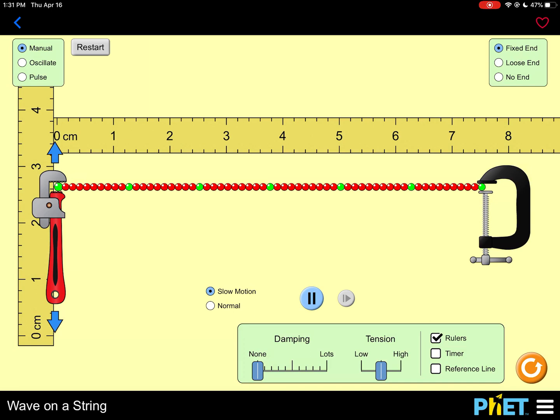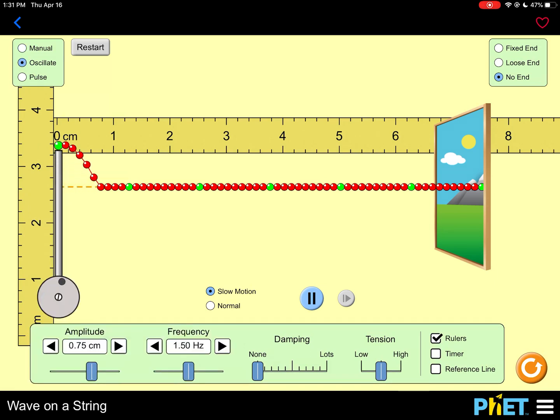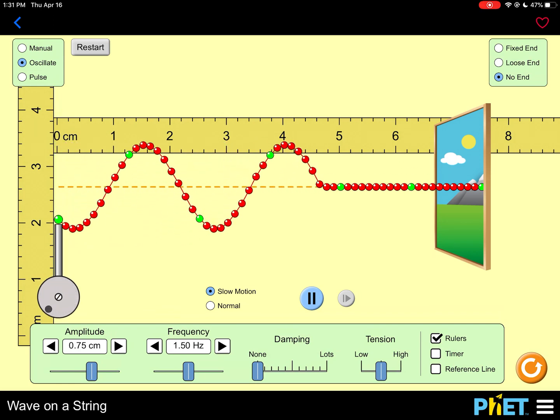I change it to slow motion because when it's on normal, it goes too fast for me to be able to pause it at spots where I want to pause it. I'm also going to change it up on the upper right here to no end so that that wave doesn't interfere with anything else. And then I'm going to change it to oscillate in this top left. Now the wave is oscillating at a constant rate.